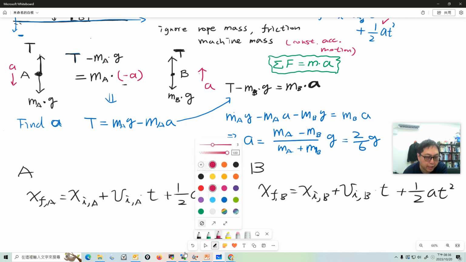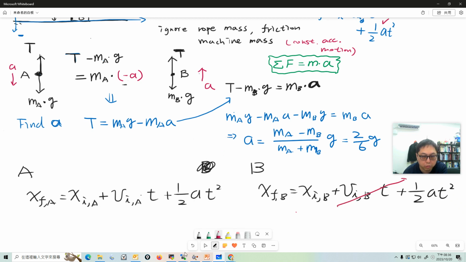Like I said, the initial velocity of A and B is all 0, so we can ignore this.